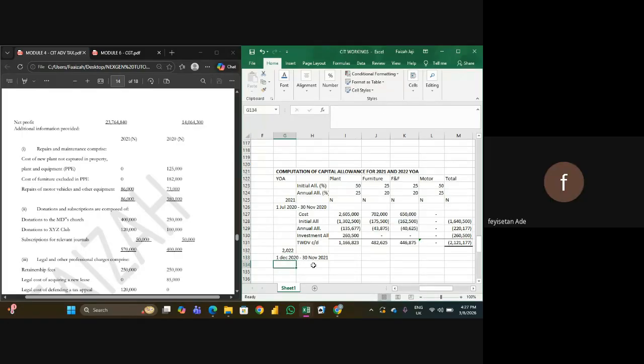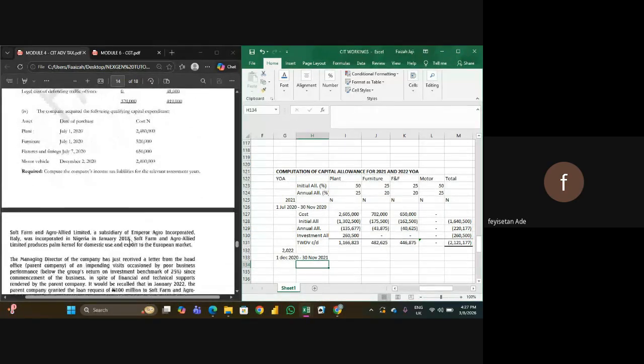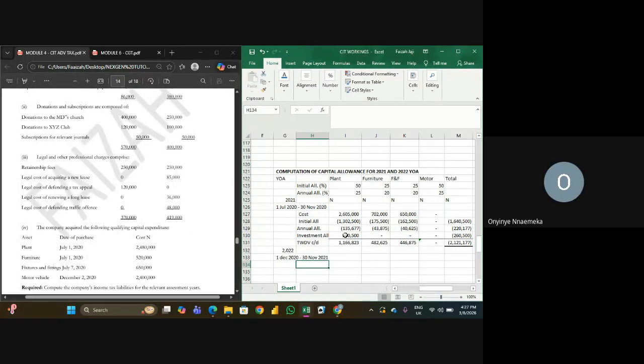Please, sorry, the investment allowance was from this 260,500. 10% of costs. You know, investment allowance was capped by Finance Act 2023.